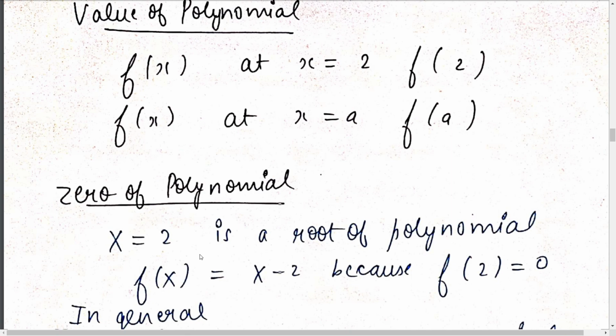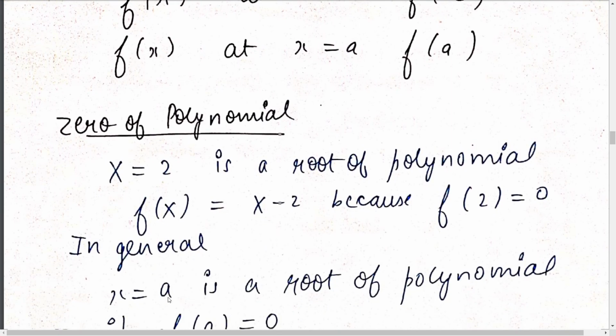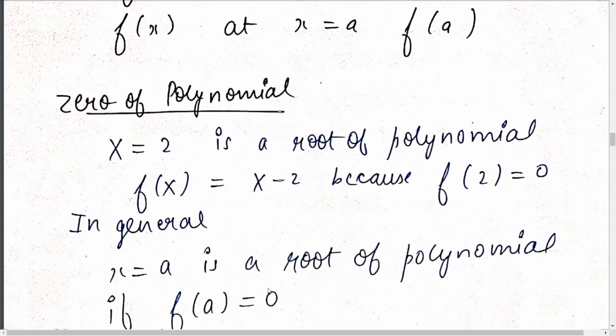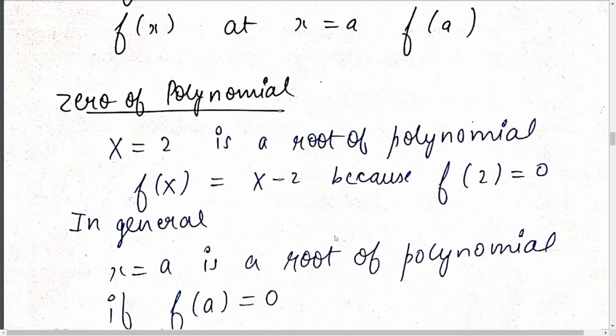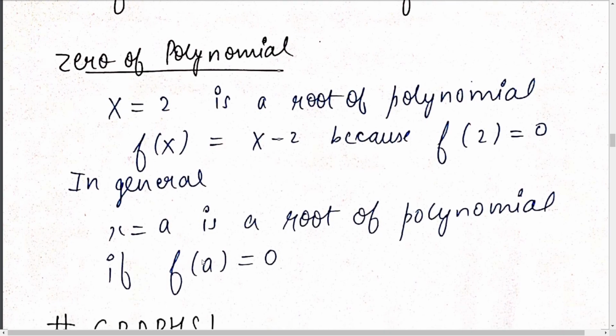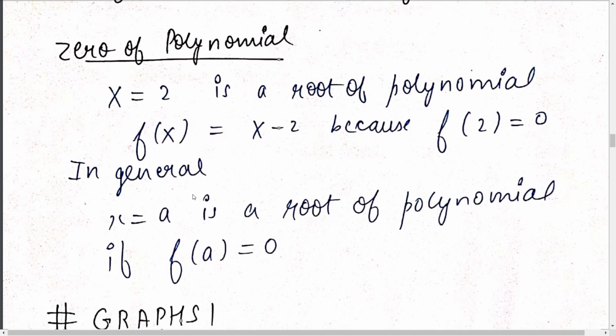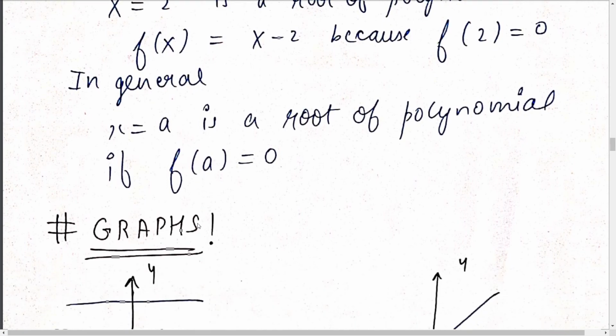So x equal to 2 is a root of this polynomial. Generalizing this concept, x equal to a is a root of polynomial f(x) if f of a is equal to 0. f of a is the value of the polynomial at x equal to a. If it is 0, then x equal to a is the zero of the polynomial f(x).